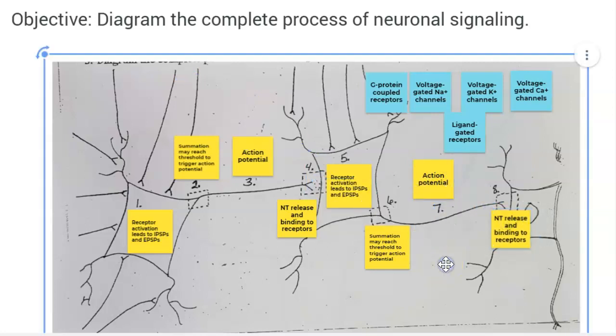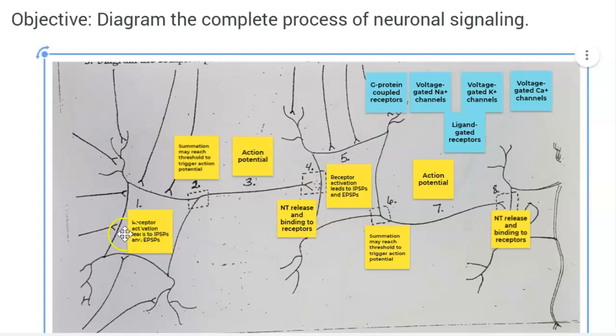And then in addition to all of those things, hopefully what you were able to see is that here is where we are talking about receptors. So that receptor activation is happening. That's what is causing those inhibitory and excitatory postsynaptic potentials. So technically, if you put your receptors here, you'll notice that this also ends in receptors. So you could put the receptors here as well.